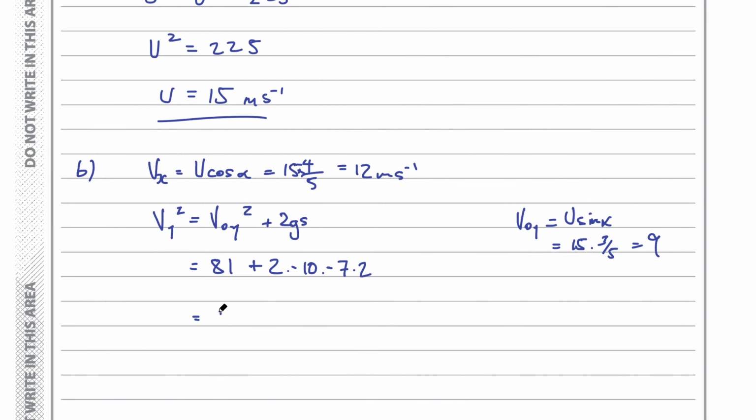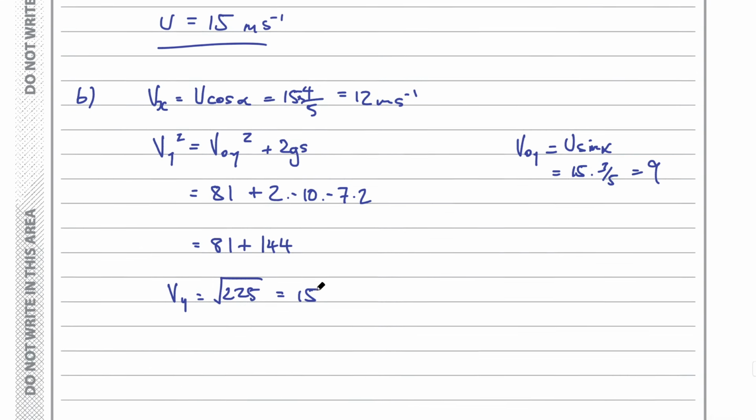So 81 plus 2 times 10 times 7.2, that's 144, and those negatives cancel each other out. So vy, or the vertical vector of the velocity, is going to be the square root of 225, which is 15.